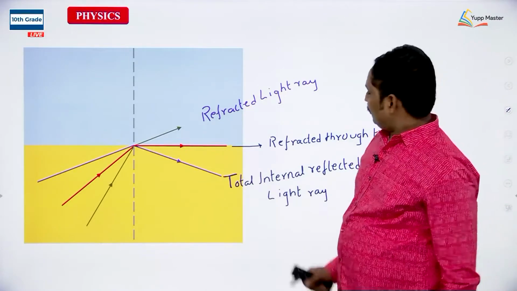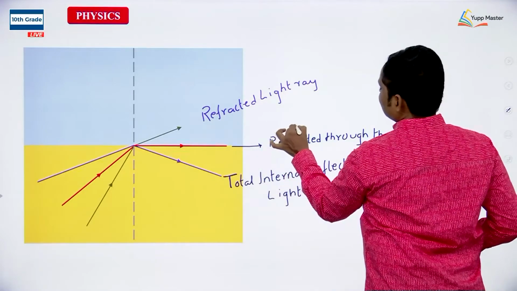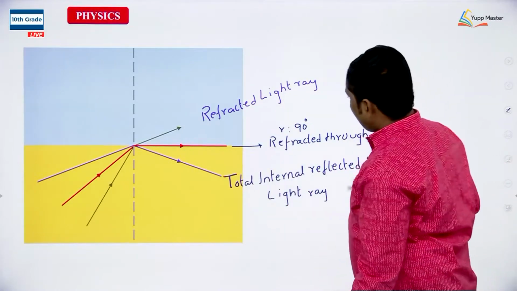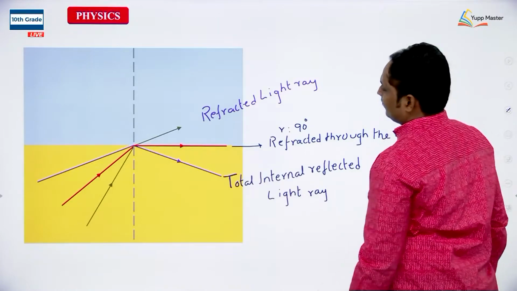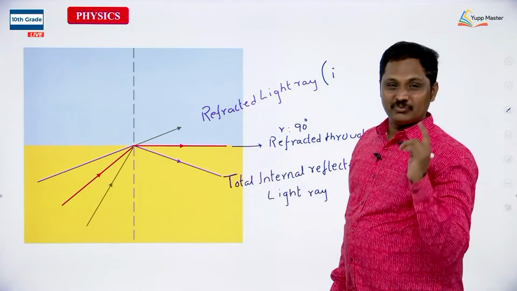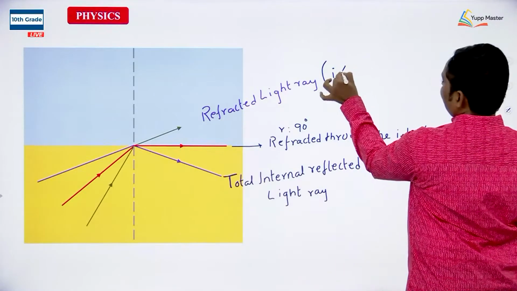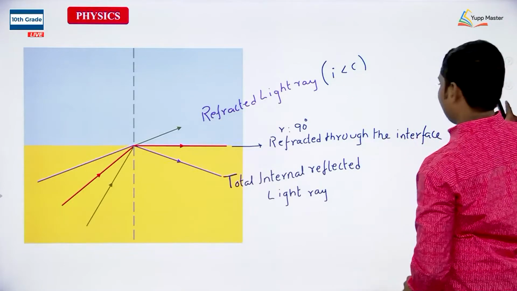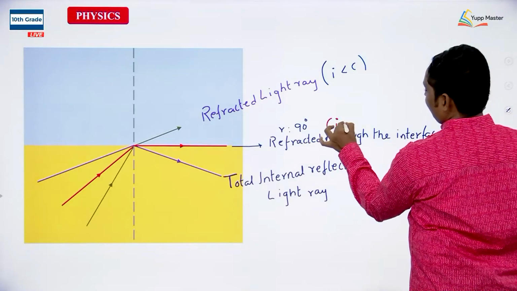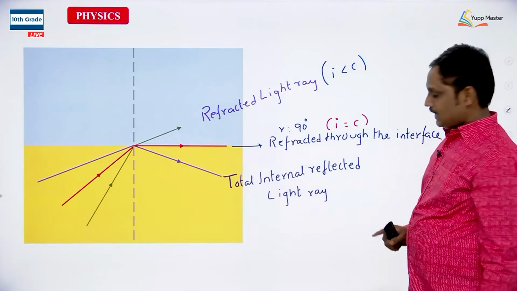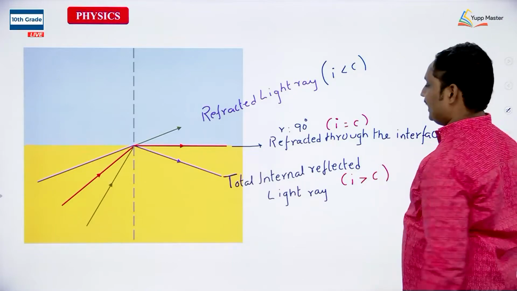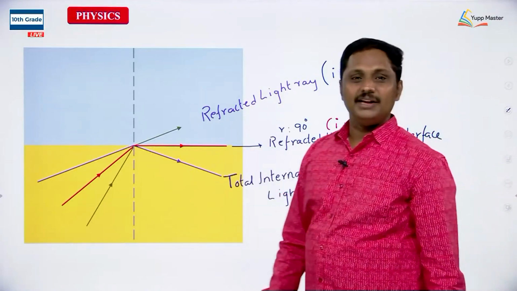Very clear. So in this case we are going to take 90 degrees. If you take this refracted ray, in one case the angle of incidence I is less than the critical angle. In this case, the angle of incidence I is equal to the critical angle. In this case, the angle of incidence I is greater than the critical angle. Very clear, we are going to have the 3 cases.